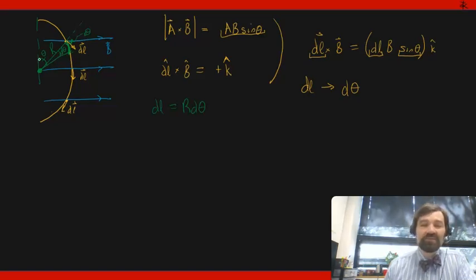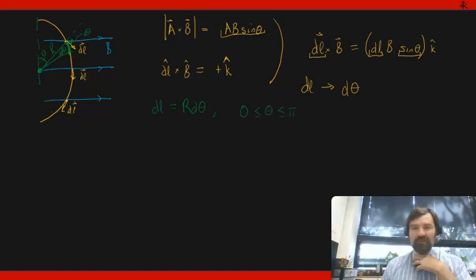Hooray! I also need to get limits of integration. I notice that if it's straight up like this, the way I've defined theta, I would have a 0. And if it's straight down like this, I'd have 180 or pi. So in some sense I have 0 less than theta less than pi.